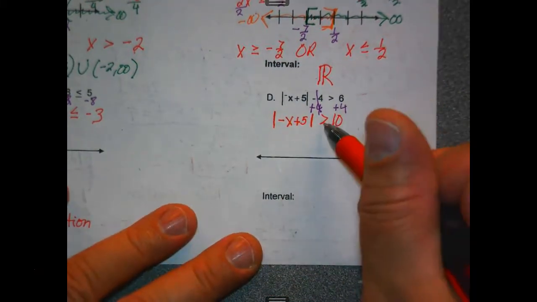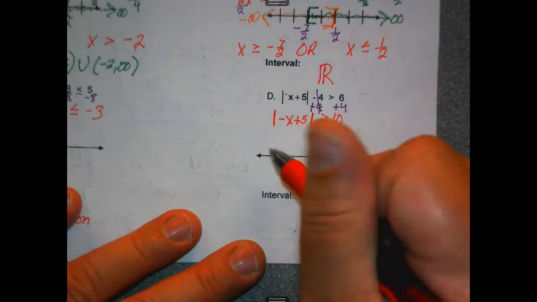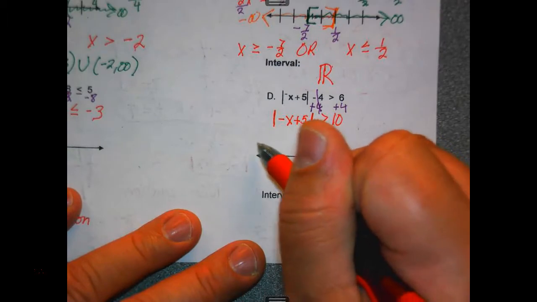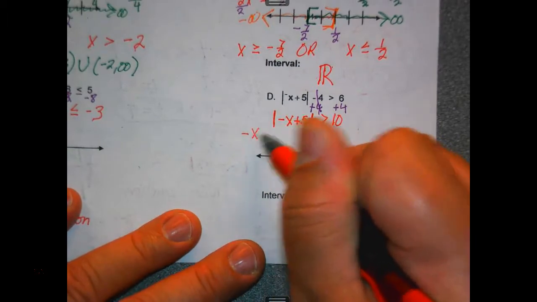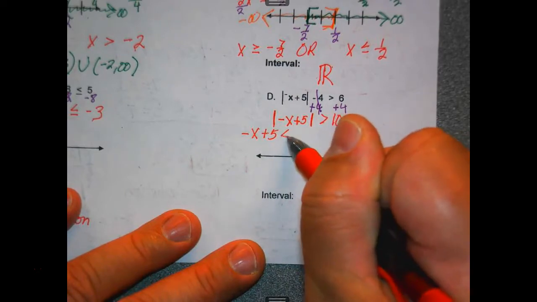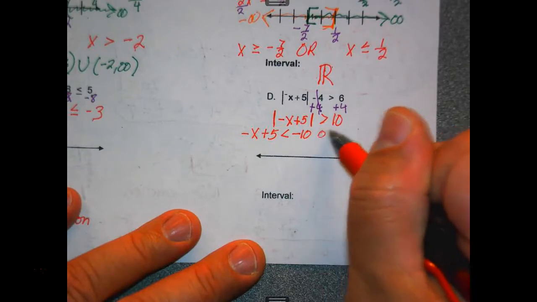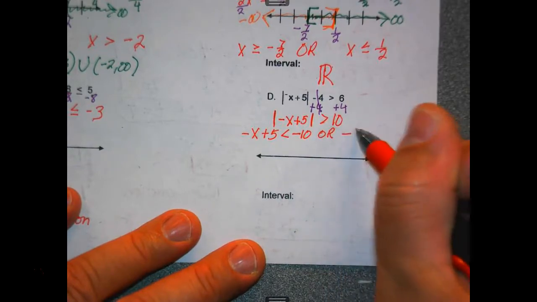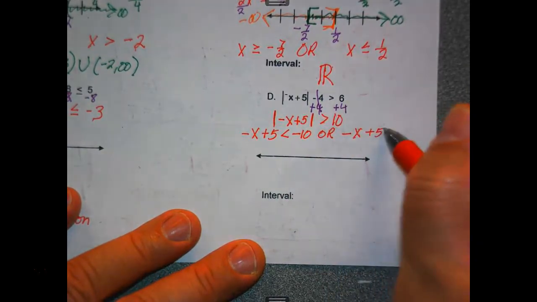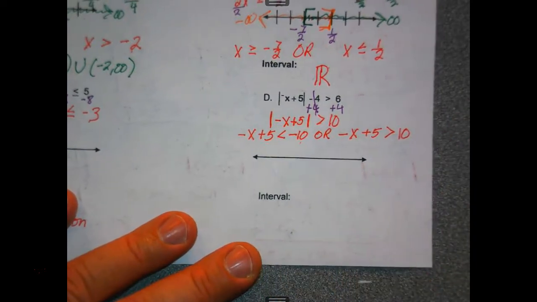So this is an OR problem. It's a greater than. So I'm going to split it up. -x plus 5. I'm going to flip the sign, get my negative on the left-hand side. It's an OR. -x plus 5 is greater than 10. See how I got my negative and then positive?